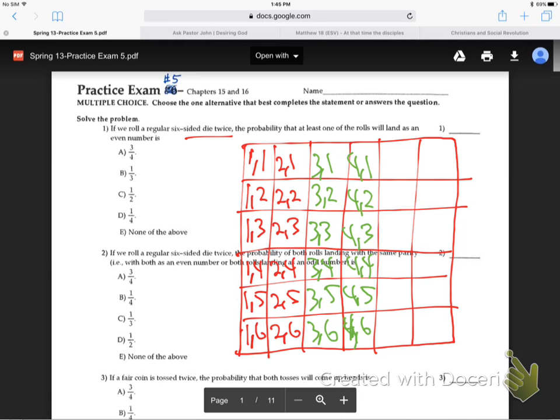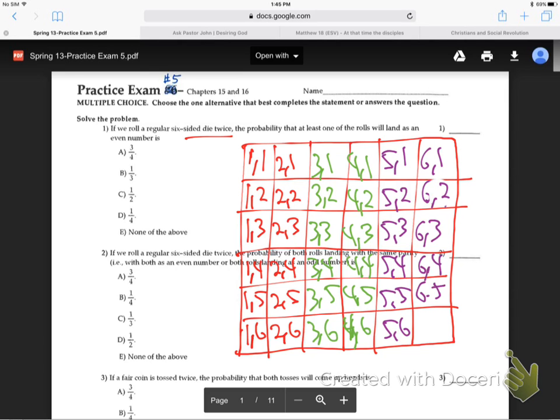Or you can get a 5, with a 1, 2, 3, 4, 5, 6, or a 6, finally, with a 1, 2, 3, 4, 5, and 6. Good, so those are the 36 different things that can happen when you roll 2 dice.